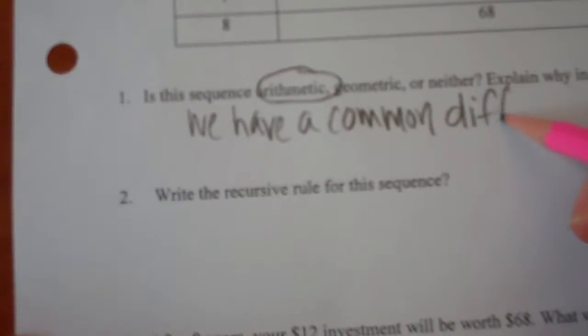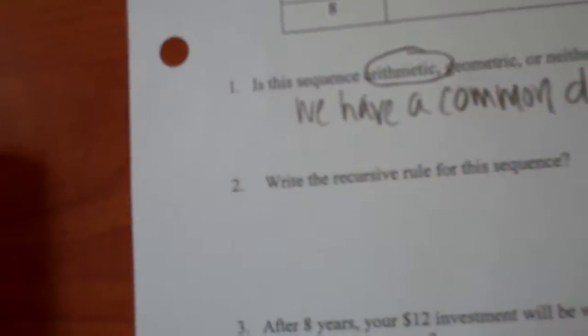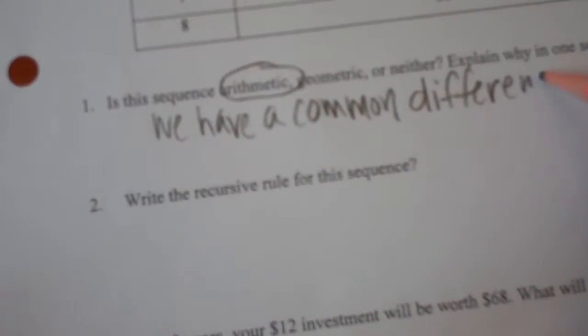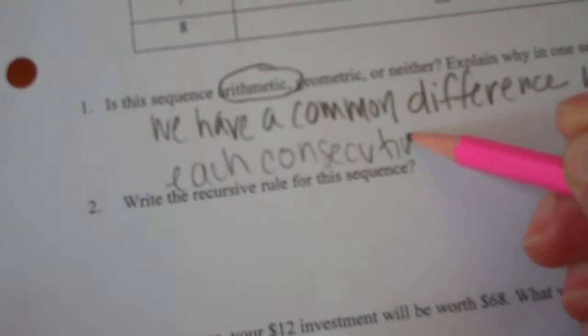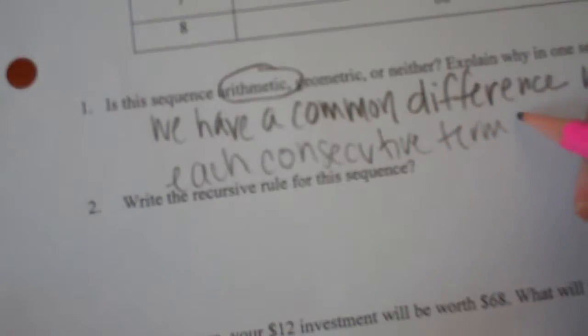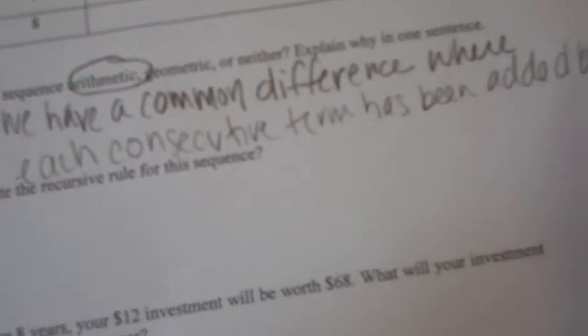Common difference, where each consecutive term has been added by 7, or has been increased by 7.